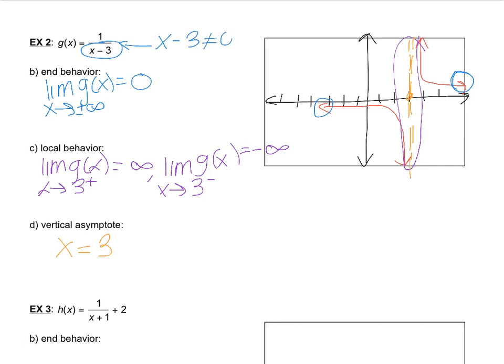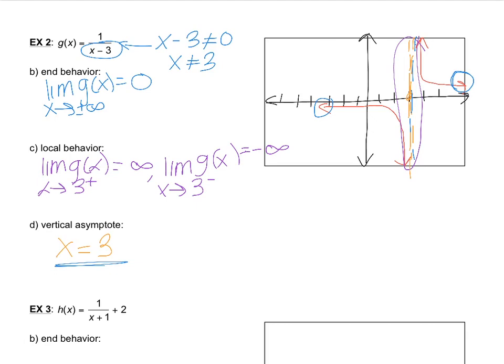It would be undefined there, which means x cannot equal 3, which is true because there's no function value when x equals 3. It's undefined there. There's behavior of the function very, very close to 3, but there's no actual point on the function for x equals 3. So you're going to see that this denominator is always going to lead us to what that vertical asymptote might be, if there is one.